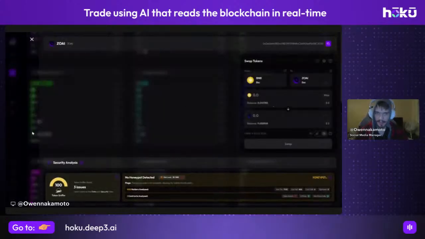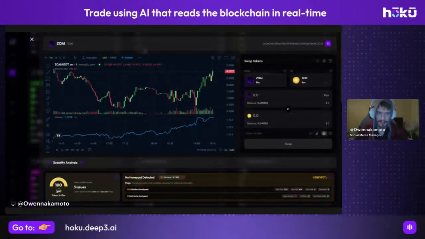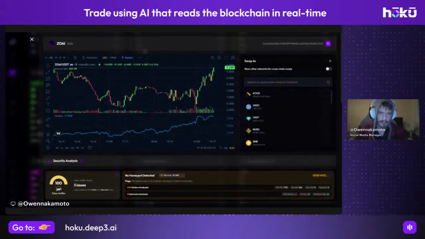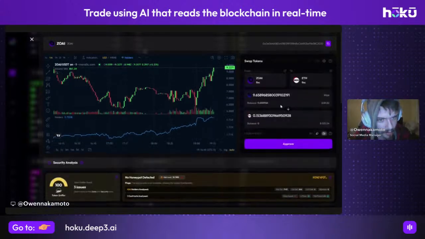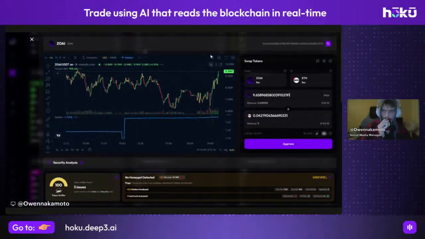The Zoe AI is there again. It's there. Put 0.25 ETH into this, and it's already doubled. What?